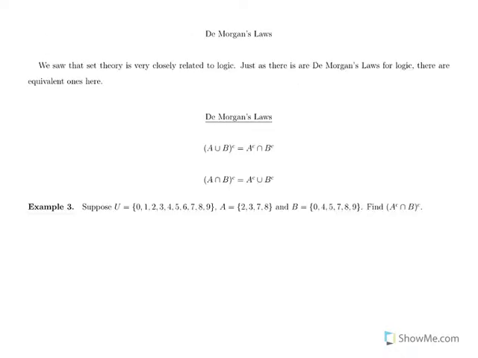So last thing we're going to do in this section is talk about De Morgan's laws. So De Morgan's laws is a way to kind of deal with the negation of sets or the complement of sets.